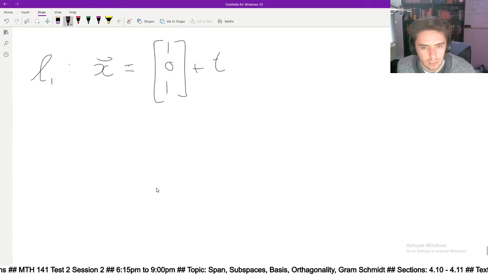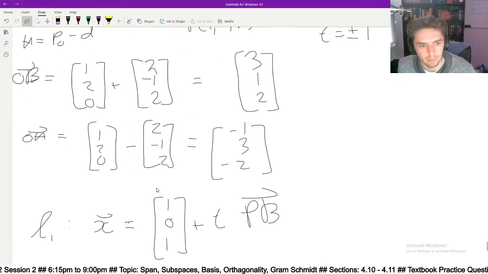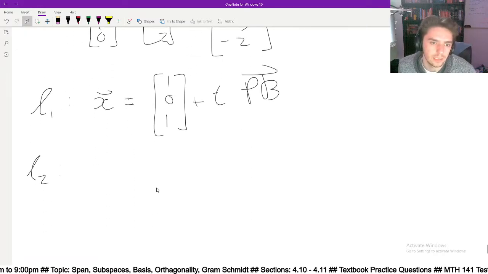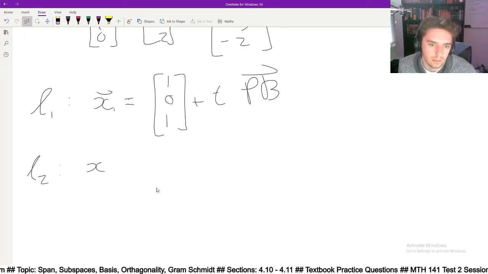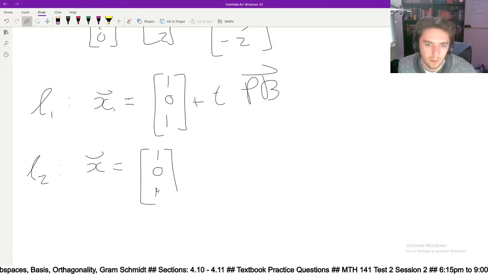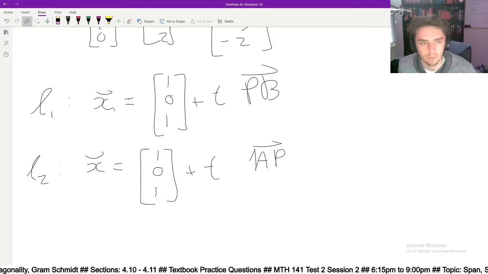I'll calculate PB in just a second, because I have B and I have P. And then L2 is going to be the same starting point, but the direction is going to be PA.